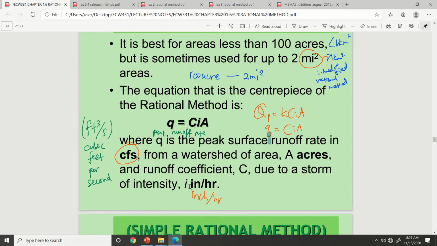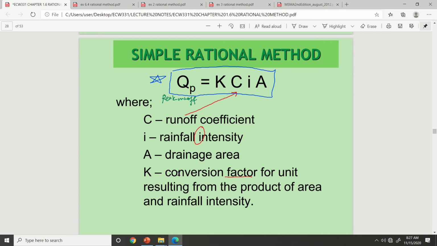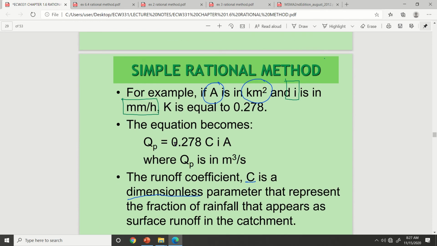Right. So this I is in inch per hour. Okay. That's why we use this K value, the conversion factor 0.278, and then you will get meter cube per second.